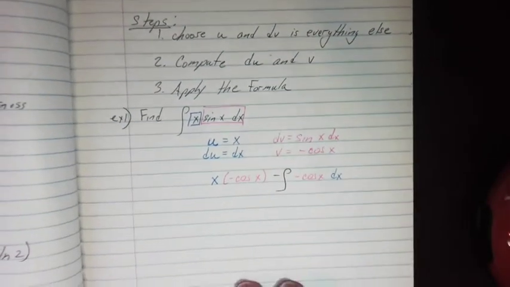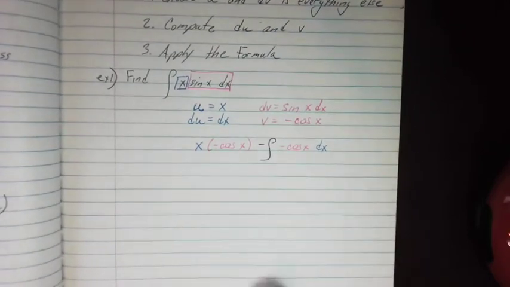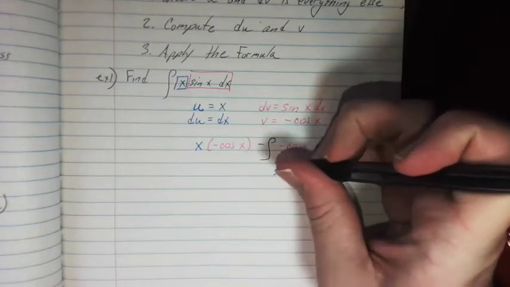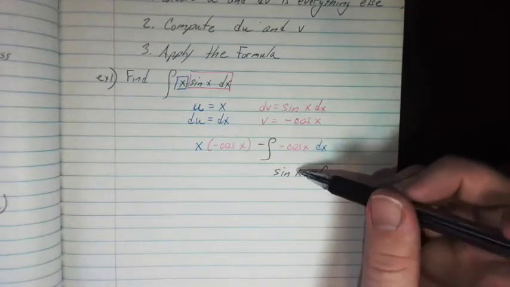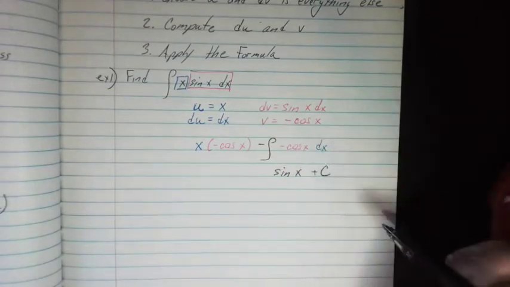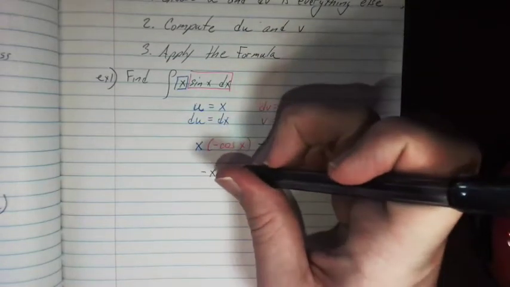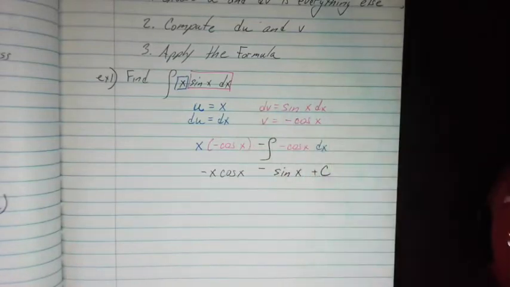Let's move it up just to make sure we can see it. And we know what this integral is. That's just going to become sine of x plus C. That's because this derivative is negative cosine of x. All this is going to come down, so it's just negative x cosine of x minus sine of x plus C. That's integration by parts.